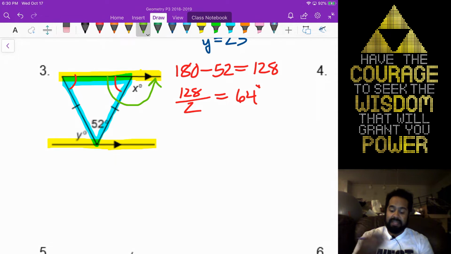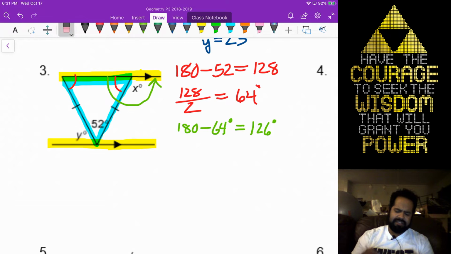They add up to, again, 180 degrees. So then that's going to give us a nice 126 degrees. No, I lied, 116. Alright. Now that's x. Finding y?